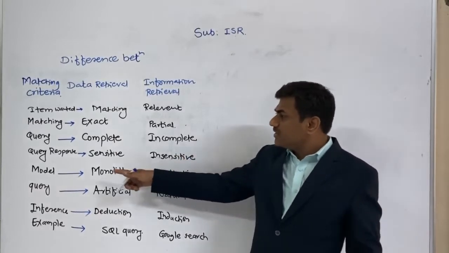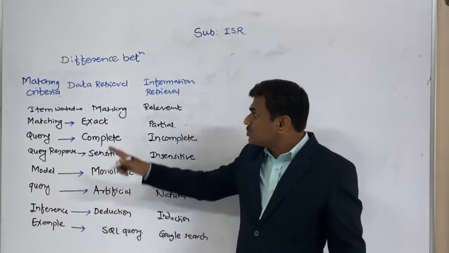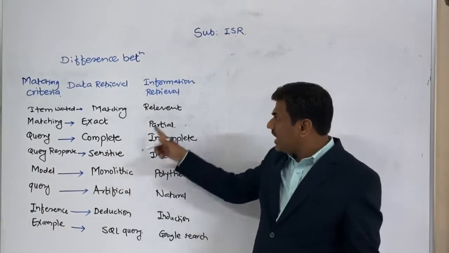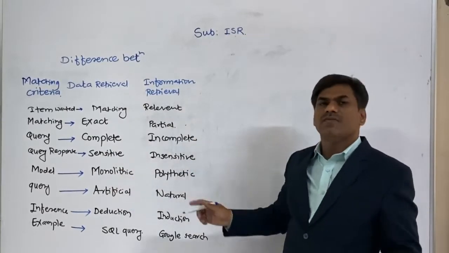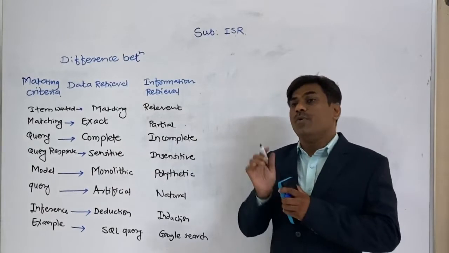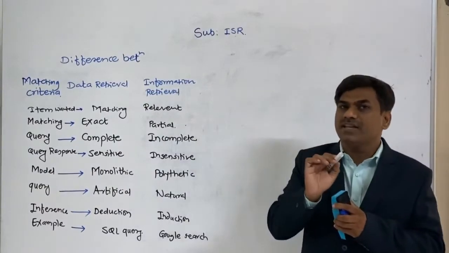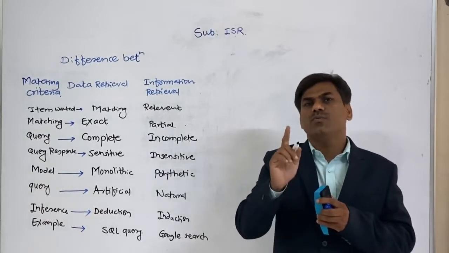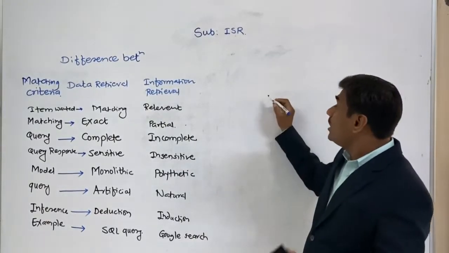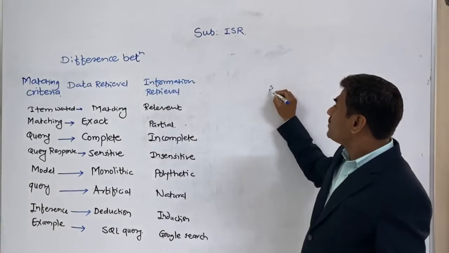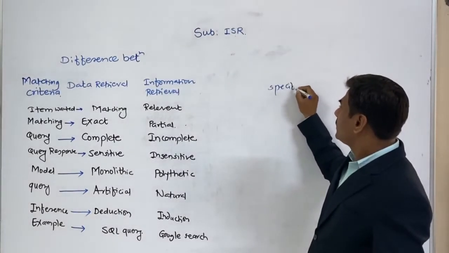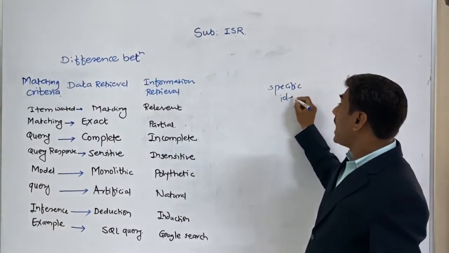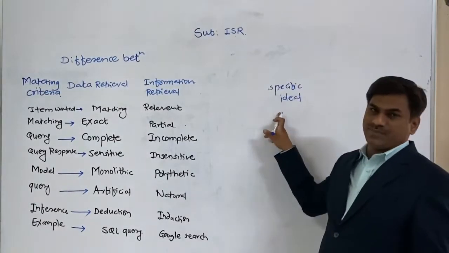Next is model. So DR is the monolithic model and IR is polythetic model. What is monolithic model? When you fire the query in SQL, it will give you one answer. That answer will be specific and ideal.